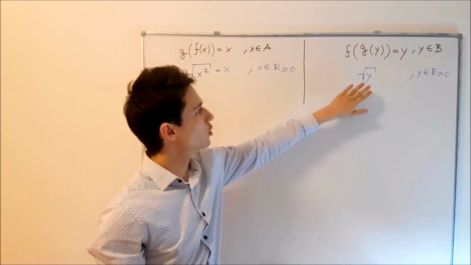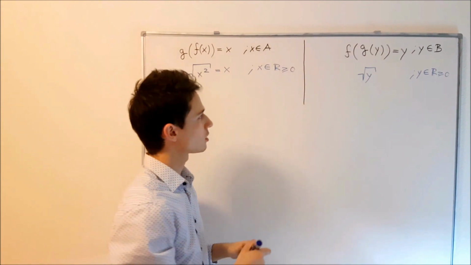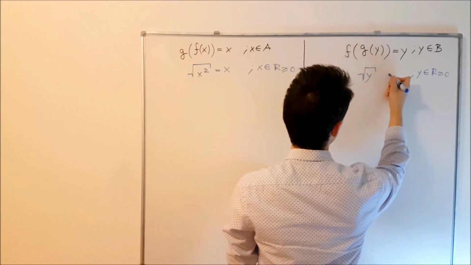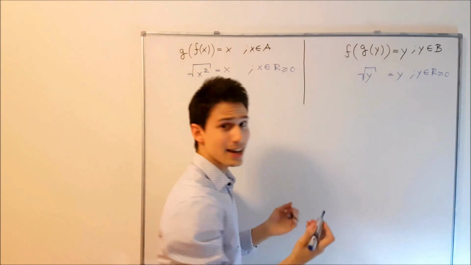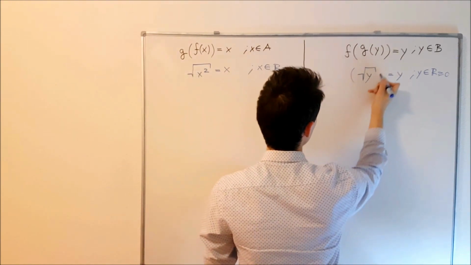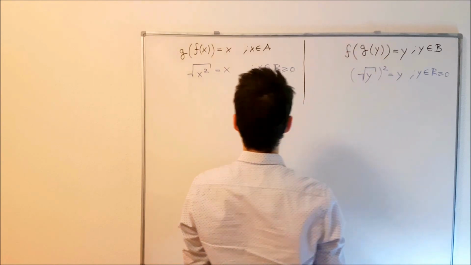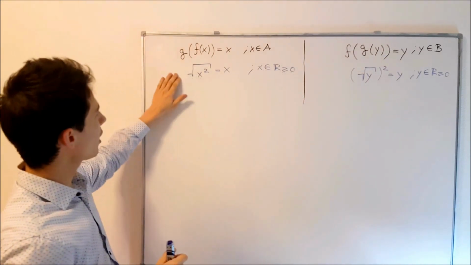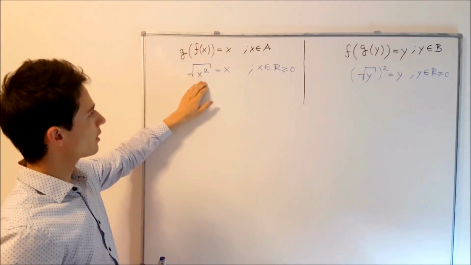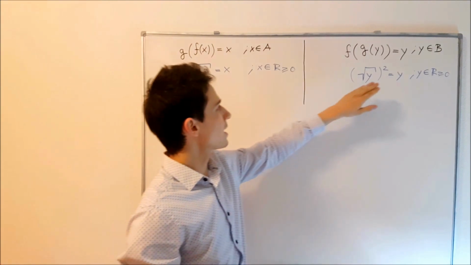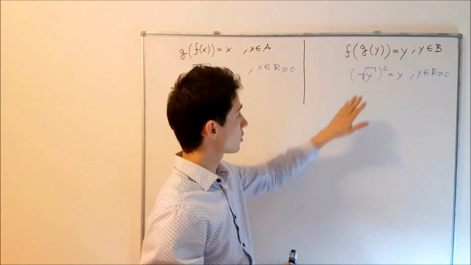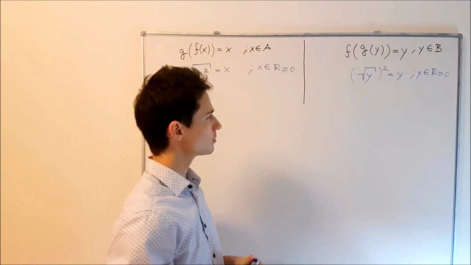Then what function would you have to apply to this one in order to get back y? And yes, you would have to square it. So not only is the square root the inverse function of x squared, but x squared is also the inverse function of the square root.